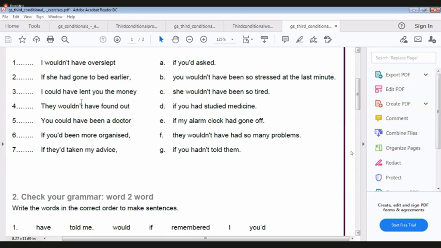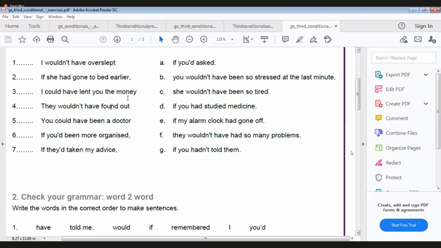Here now, I could have lent you the money. Lent means giving money. I could have lent you the money if you had asked. If you had asked me, I could have given it to you.